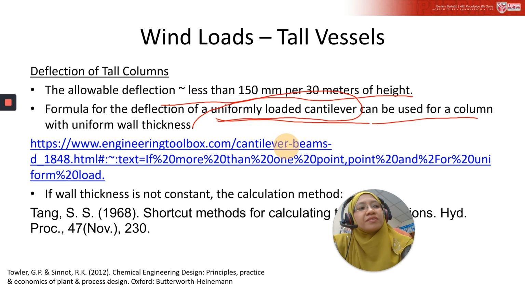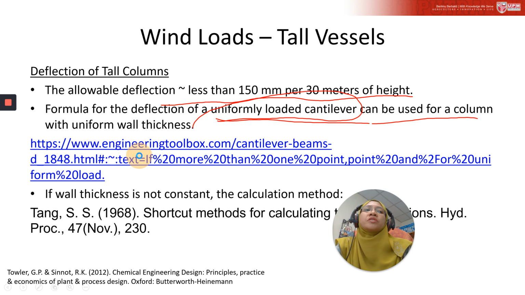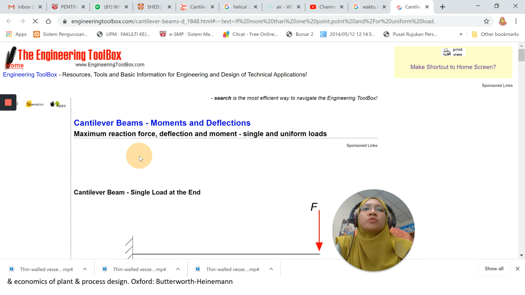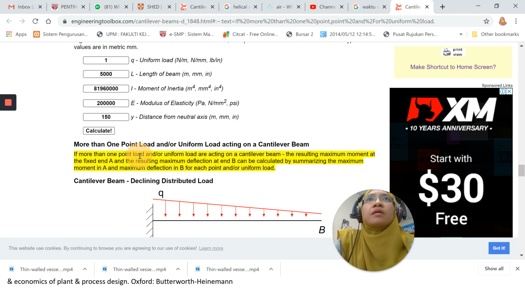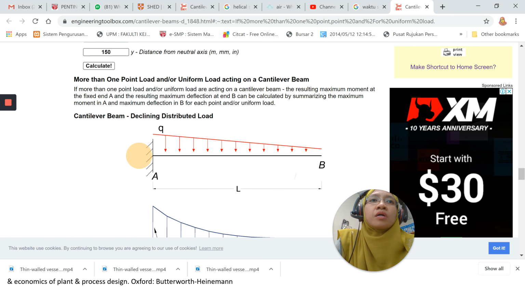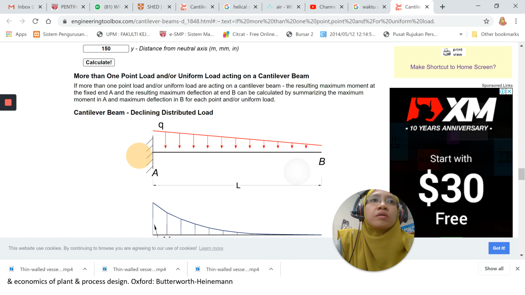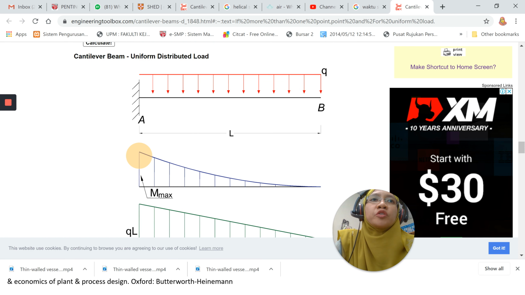You can go to this website. There is a series of equations showing how to calculate the maximum deflection. Here is an example calculation for a cantilever beam with uniformly distributed loads.